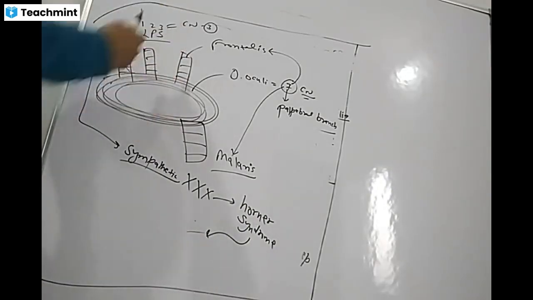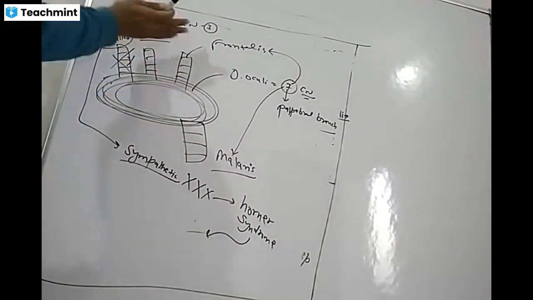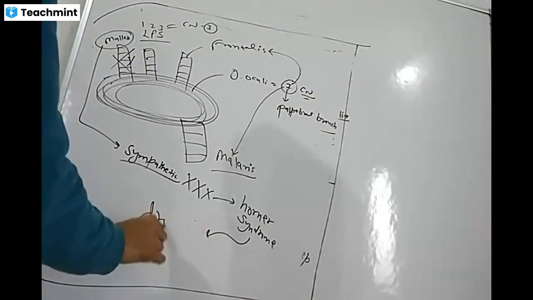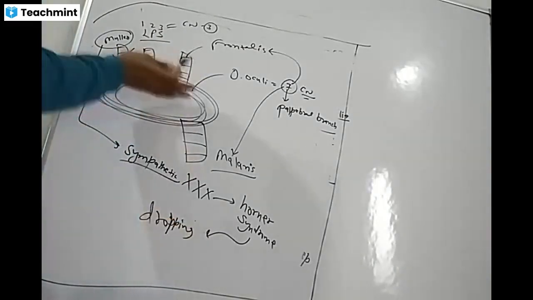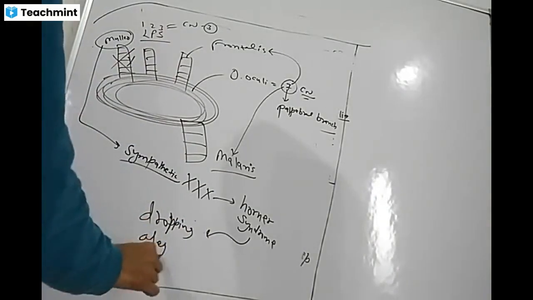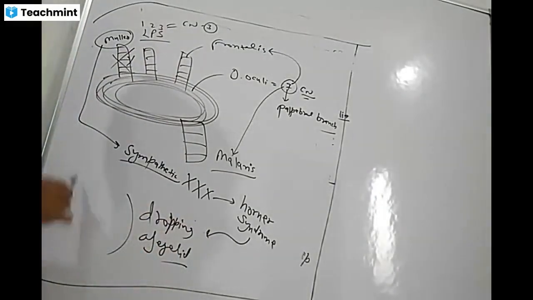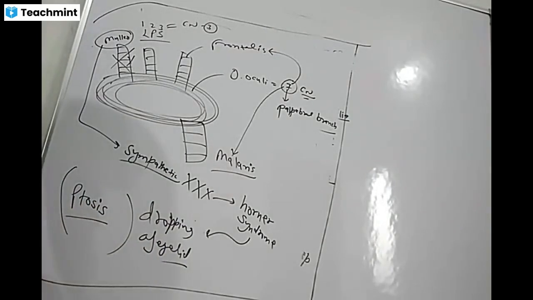That role is gone, so you are not able to elevate your eyelid. That leads to drooping of the eyelid, which is given the terminology ptosis.